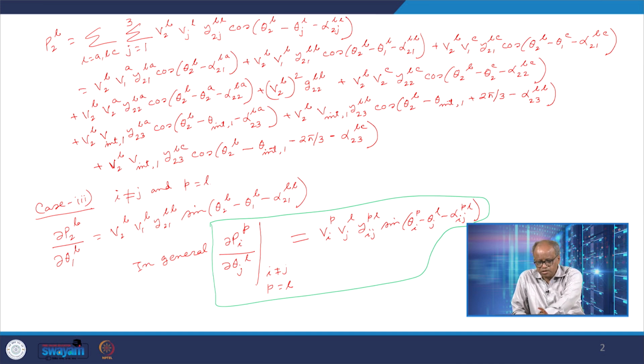Theta 3B is theta 3A minus 2 pi by 3, right?